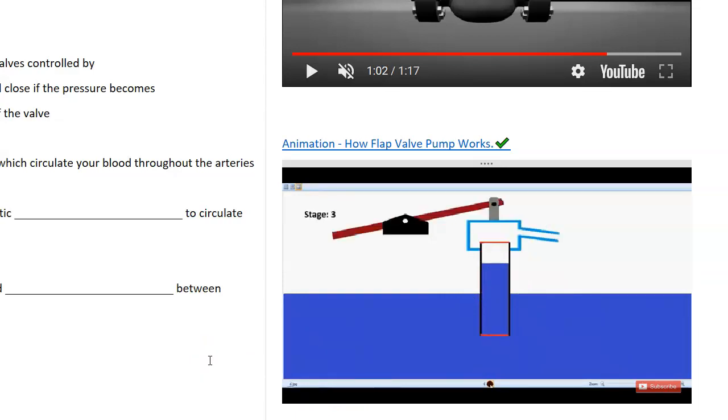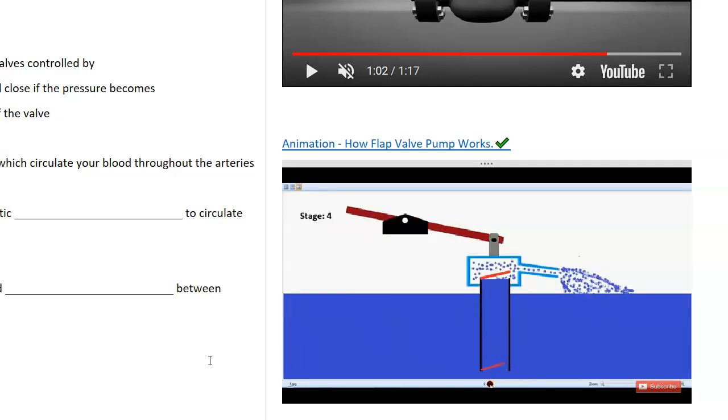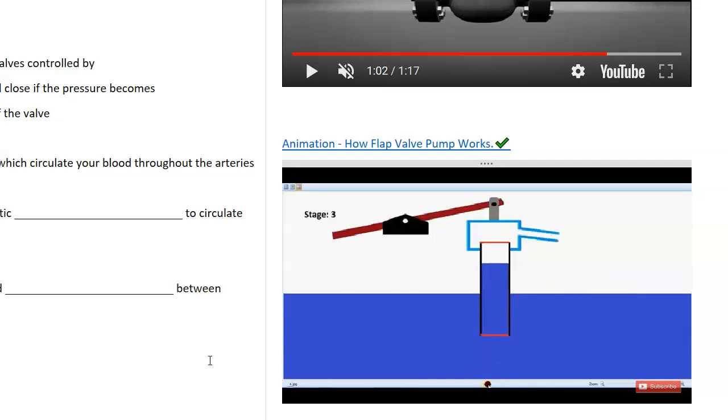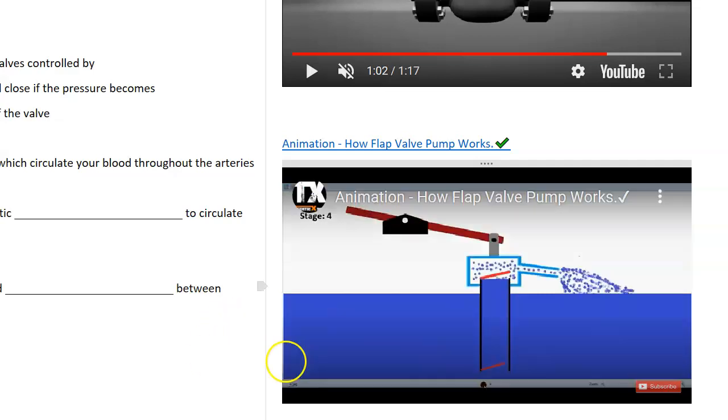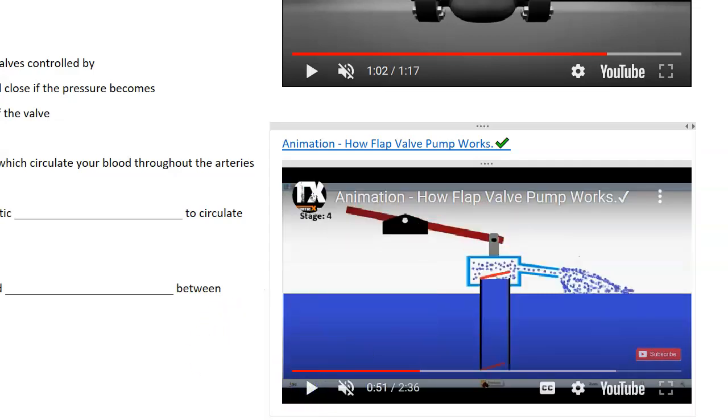But we've got more water now inside the tube of this particular valve pump. This cycle is going to continue, and water is then going to be coming out of the pump as we continue to go up and down between stages 3 and 4.